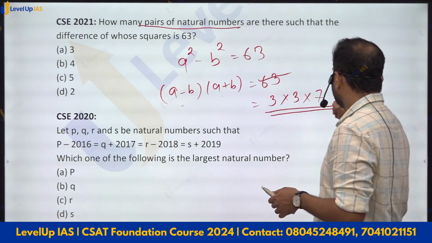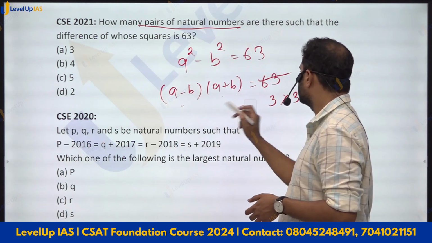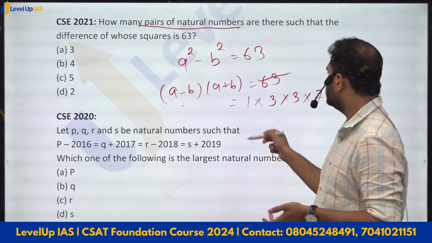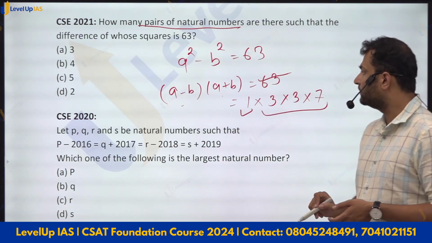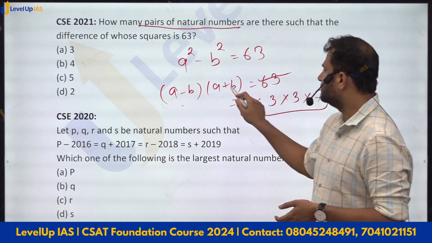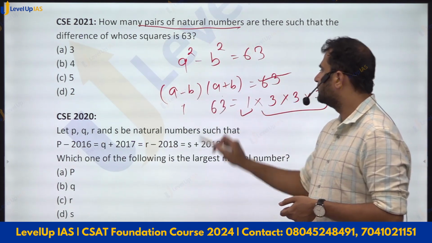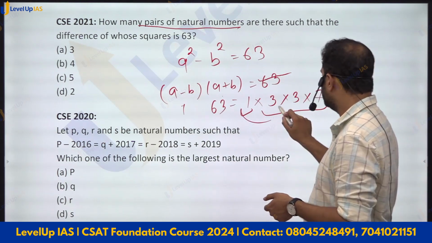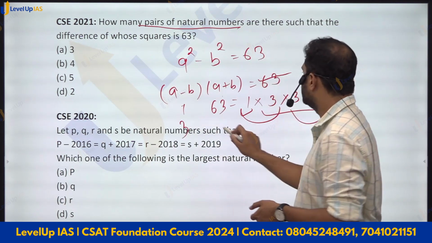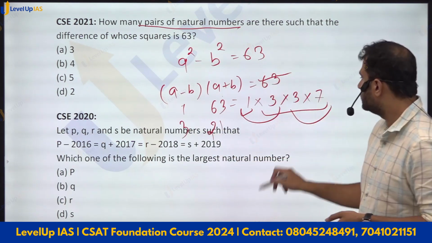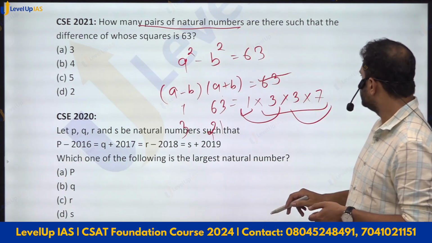Let us see. Firstly, we can write this as 1 as well. So firstly we can take 1 and 63. That is one way. Second is this and this, so this is 3, this is 21. Another way, is there any other way?